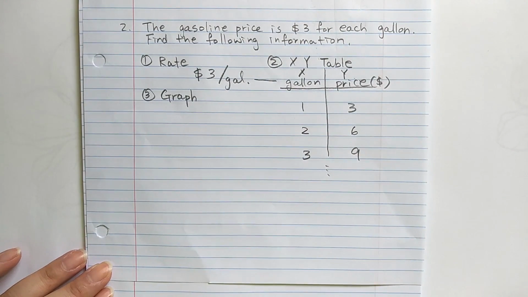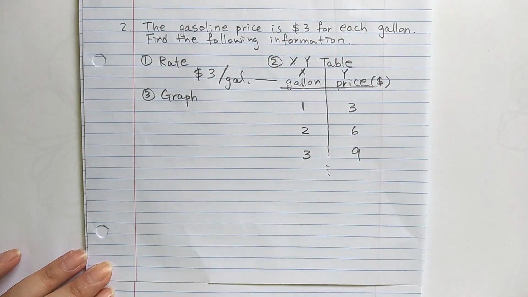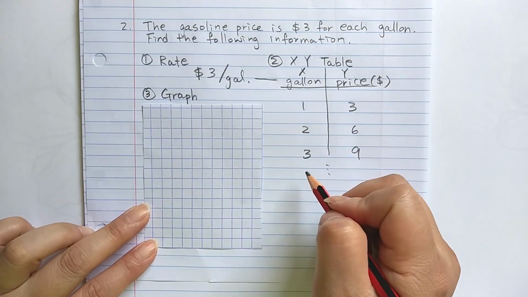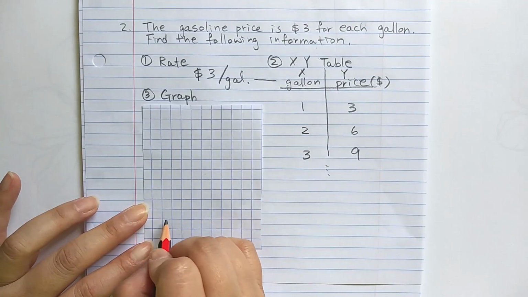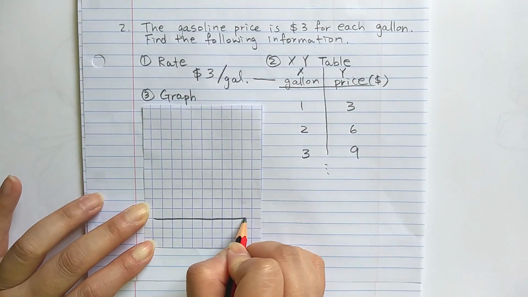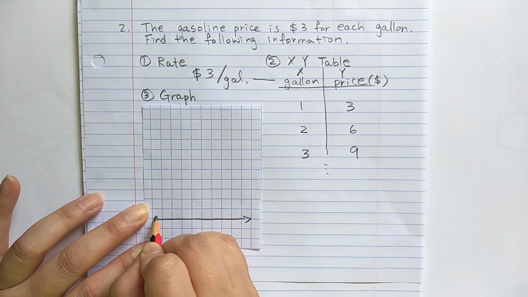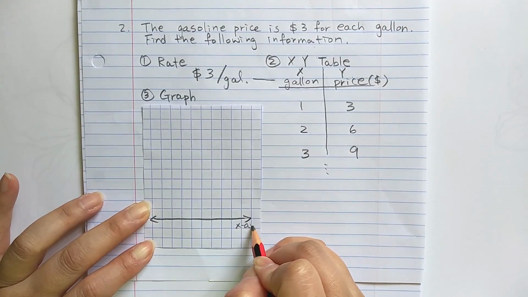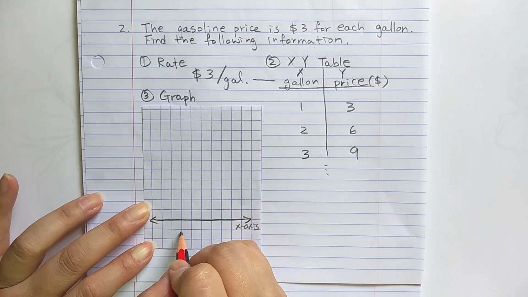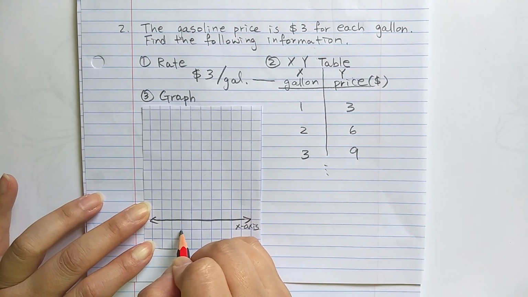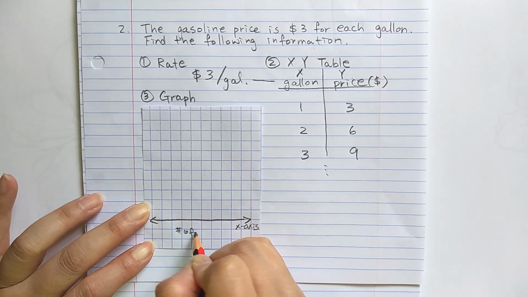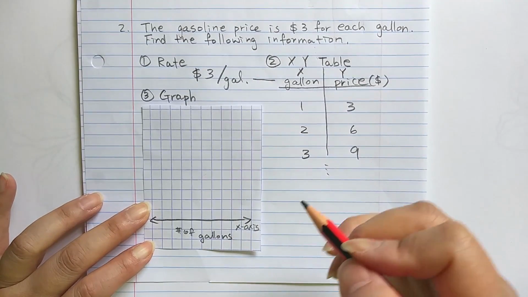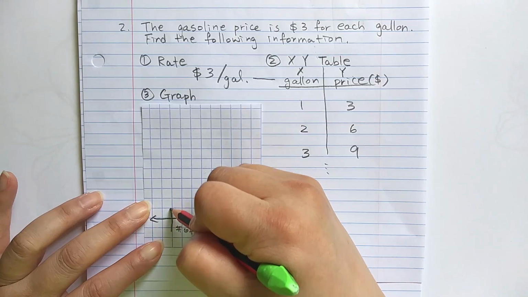Now we are going to graph this, but before we graph it, we're going to plot these points. Draw a horizontal line. And what is this called? It is x-axis. And it is for the number of gallons. Draw a vertical line.